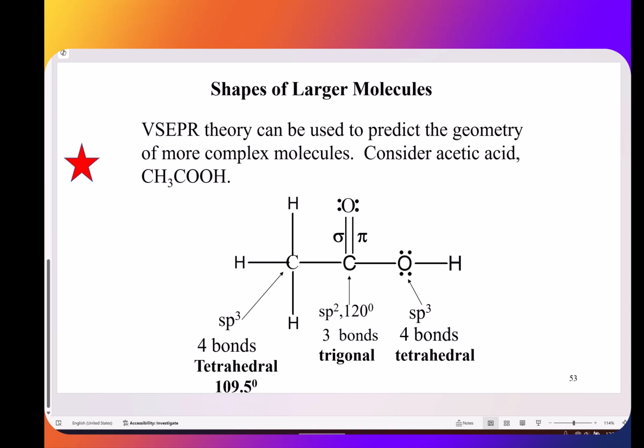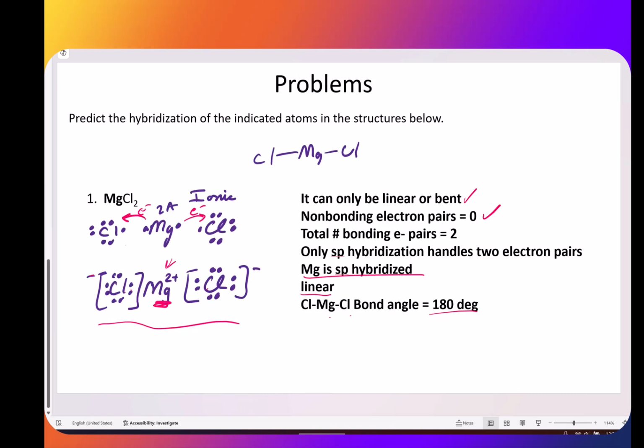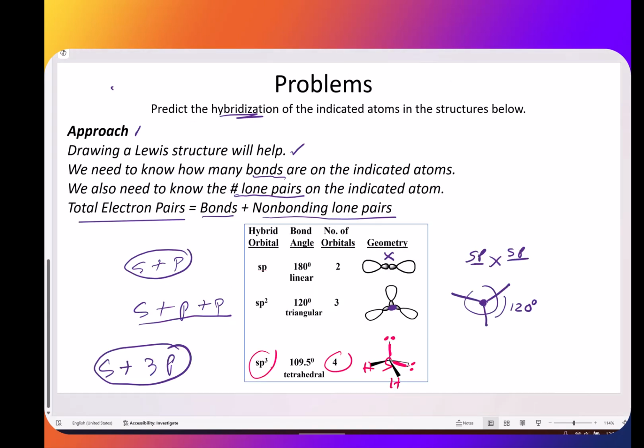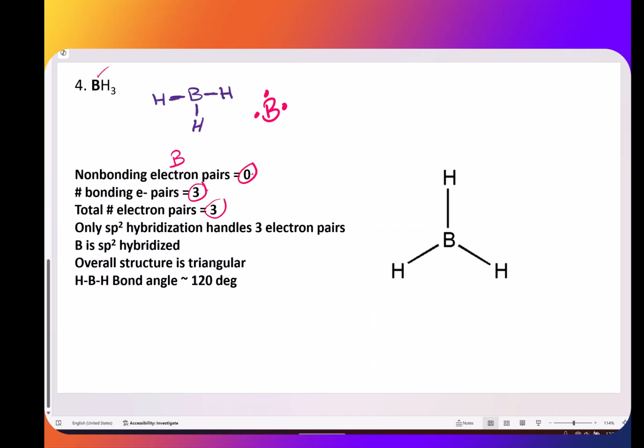We go back to our table here. The only type of hybridization that matches 3 orbitals or 3 electron pairs is sp2 hybridization. So we figure that the boron here is going to be sp2 hybridized.